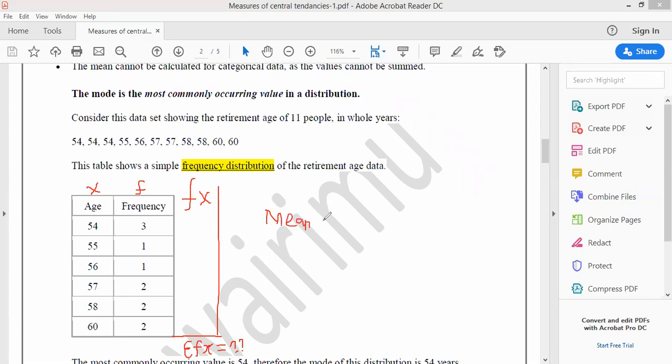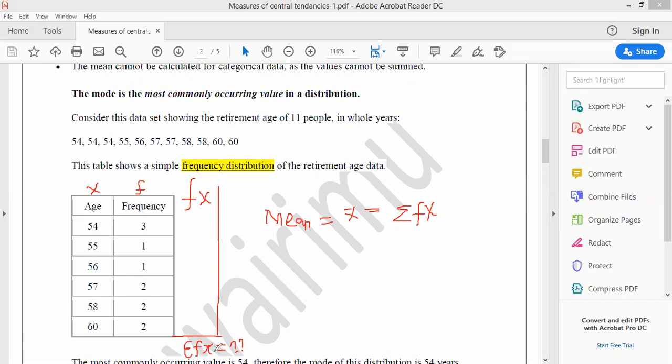So our mean, the X bar, is given by the formula: after you multiply the column X with the corresponding F, the frequency, there down you get the sum of the frequency times the corresponding variable.